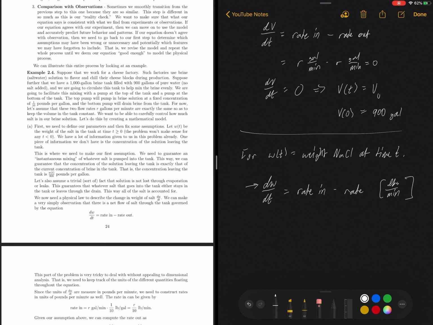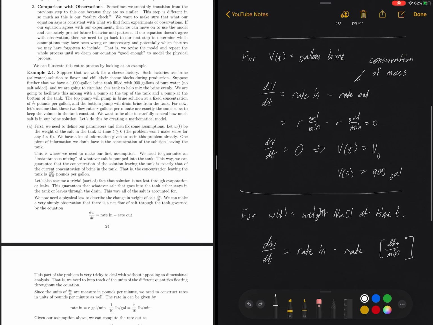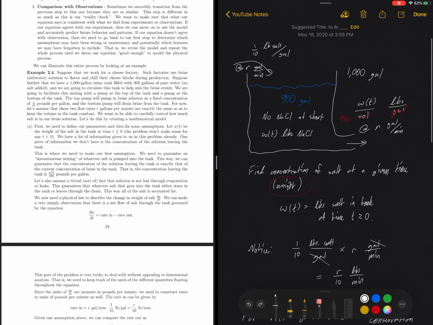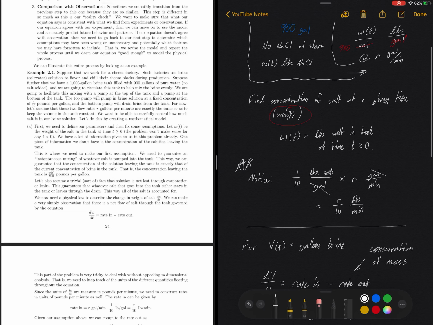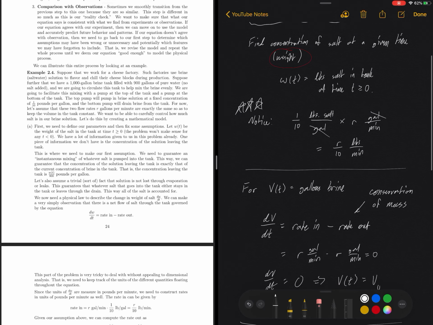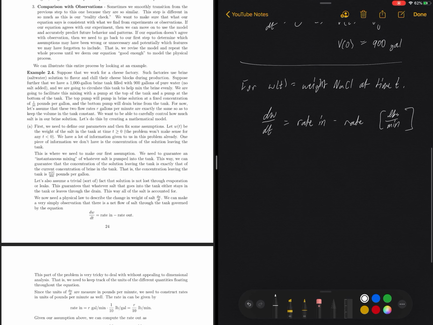Bear in mind, the units here are pounds per minute, a weight per time, based on the units of W and T. So be very careful when you're looking at this plethora of numbers, trying to figure out which numbers go where. You can use this little trick of dimensional analysis to figure out if you're using the right numbers at the right time. I always advocate that you keep track of your units.